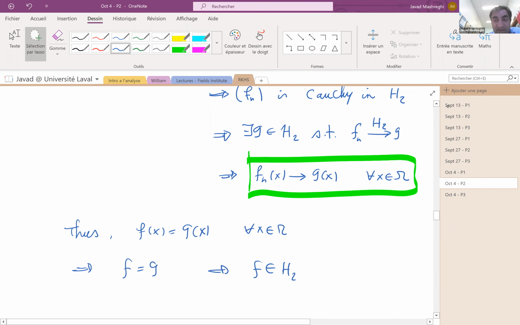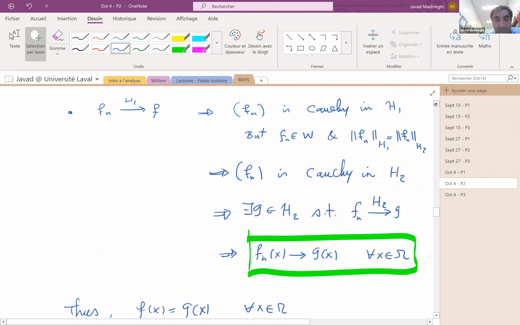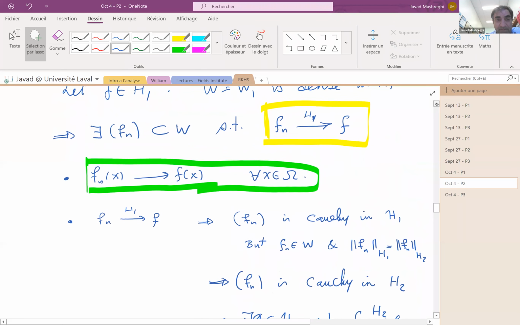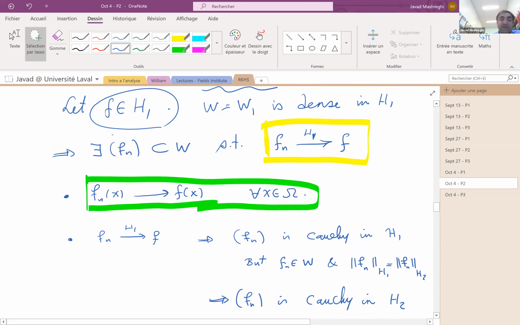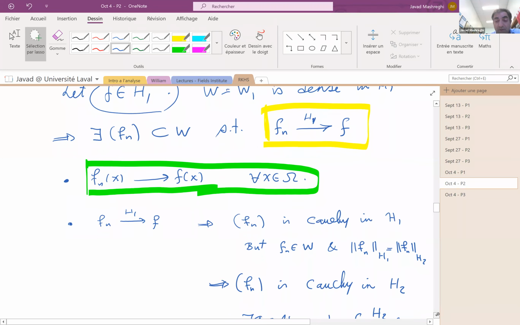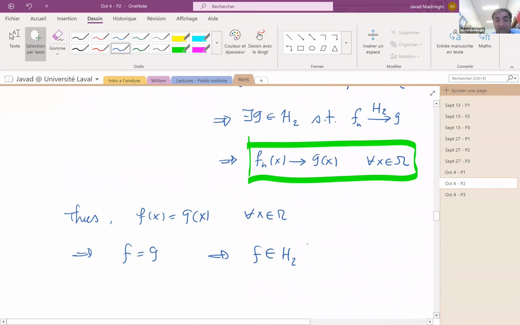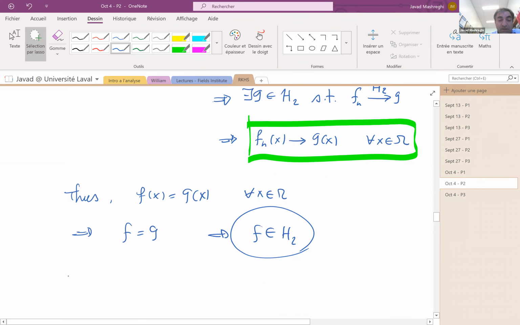I started with an element of H1. The conclusion was that this element is in H2. In other words, H1 is a subset of H2.